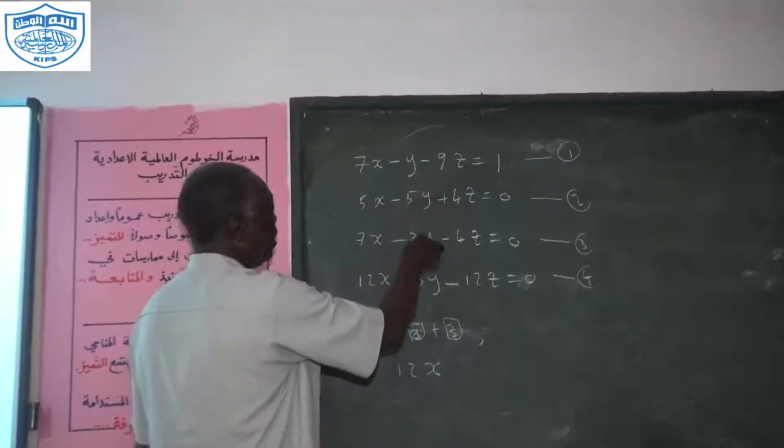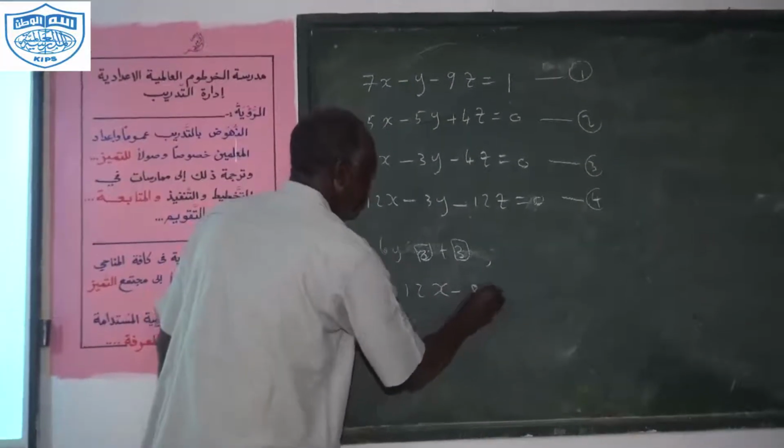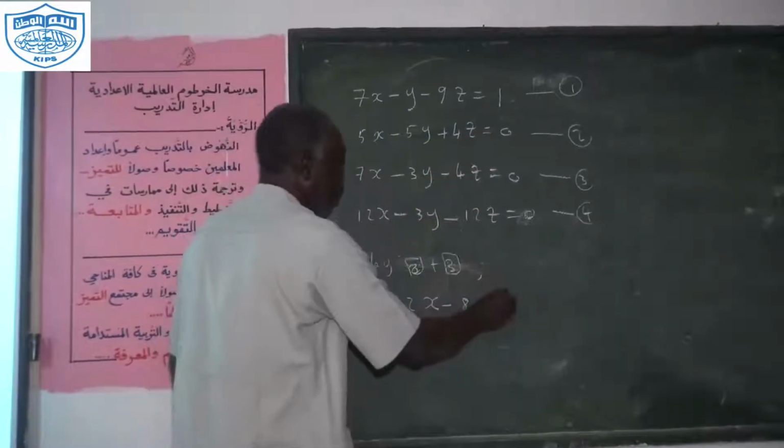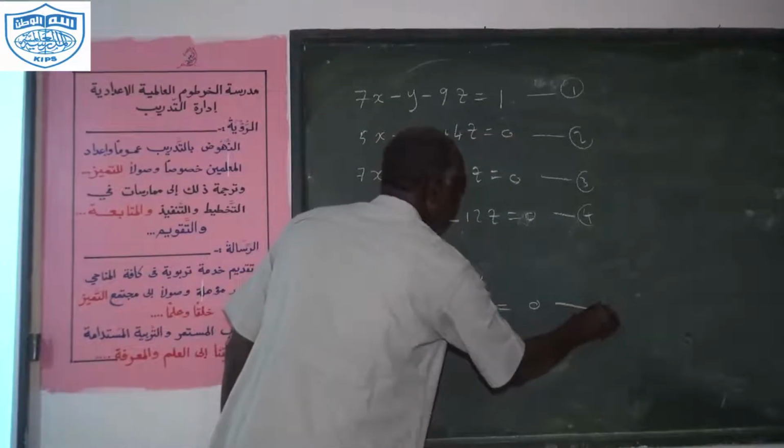Negative 5y and negative 3y give negative 8y. Plus 4z minus 4z equals 0. This is equation number 5.